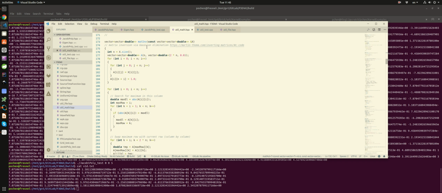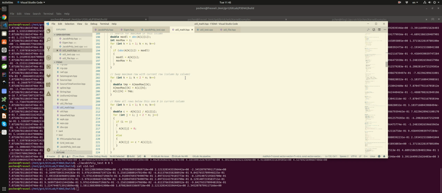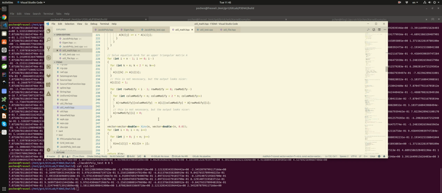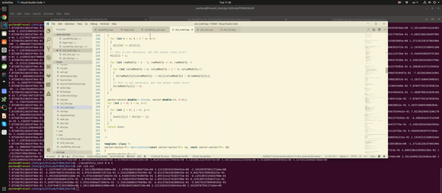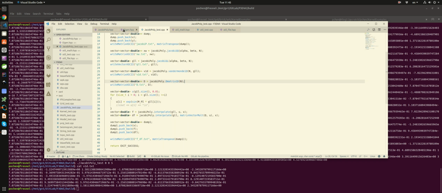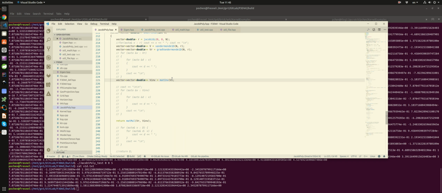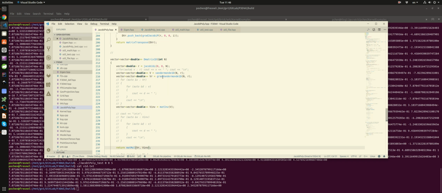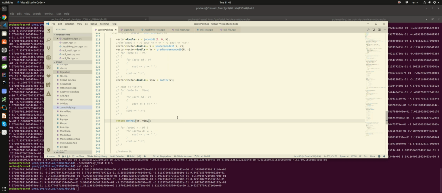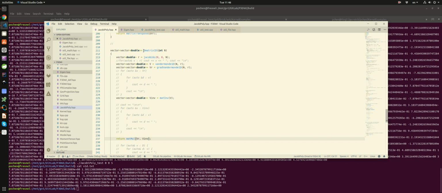It's based upon Gaussian elimination, so it's not so efficient. But for our purposes, the matrix is quite small, let's say 100 by 100, so Gaussian elimination still works. All we have to do is call this function to get the inverse of the Vandermonde matrix. Once we have the inverse, we multiply them together with Vr, the derivative of the Vandermonde matrix, and that gives the derivative matrix, the D matrix.